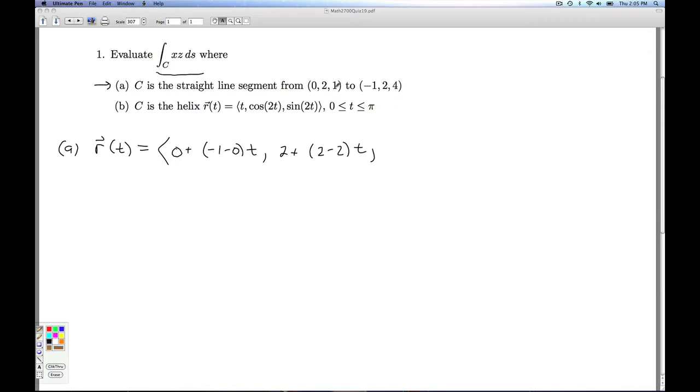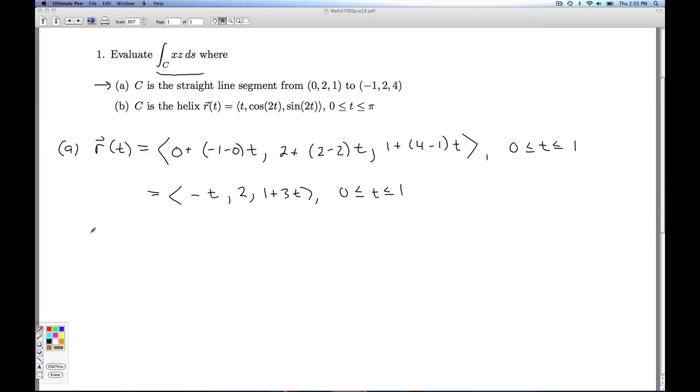Displacement 0. And then z starts at 1, and look at the displacement in the z direction. And this will be good for t between 0 and 1. So I simplify that. I get <-t, 2, 1 + 3t> for t between 0 and 1.